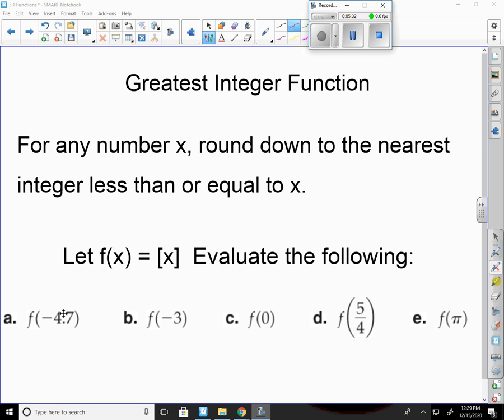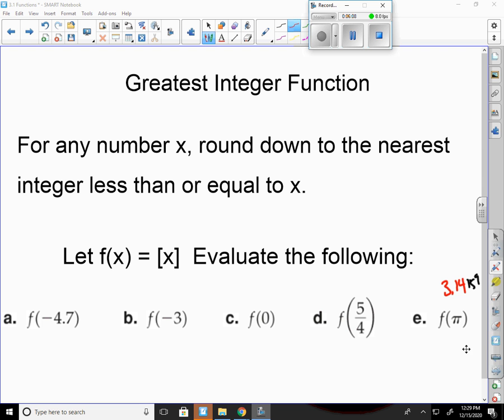So I don't want to start at the negatives quite yet. Let's start at f of pi. What number is pi? 3.14159. So what's the integer that's less than this number and closest to it?